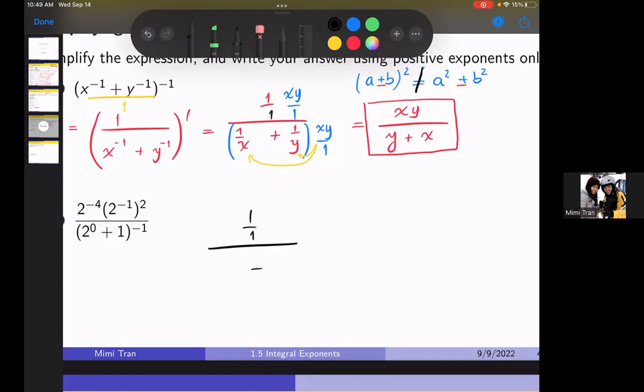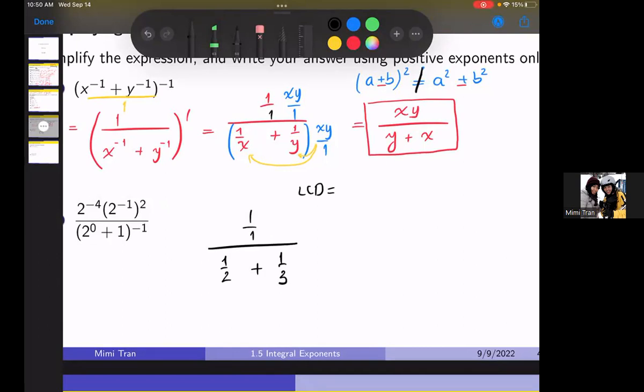This is 1 over 2 plus 1 over 3. Tell me, what's the LCD for this one? For all three. I'm doing the ultimate LCD. So 1, 2, 3, what's the LCD? 6. Yeah, 6.